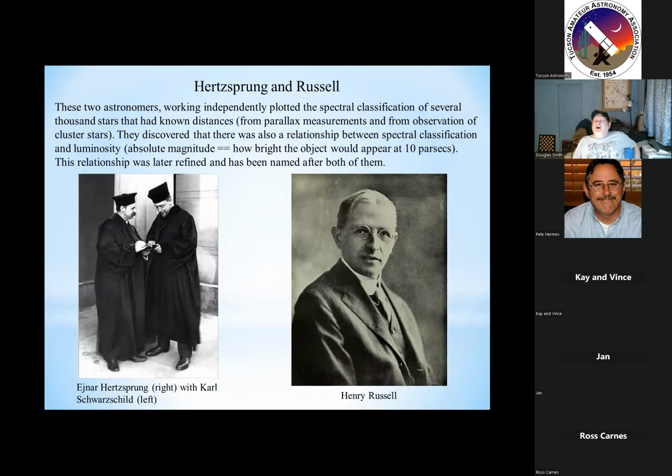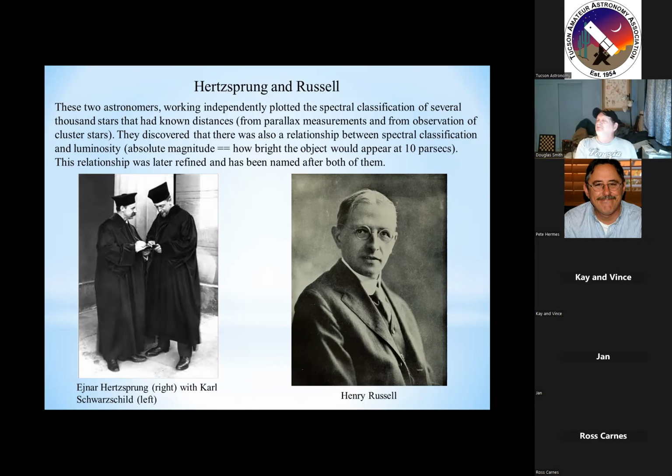Independently, they took a look at the stars in the Henry Draper catalog, and they picked out stars that had known distances, that is, stars that had parallax measurements out of that catalog. And they eventually came up with a relationship. They discovered that there was a relationship between the spectral classification of the star and its luminosity.